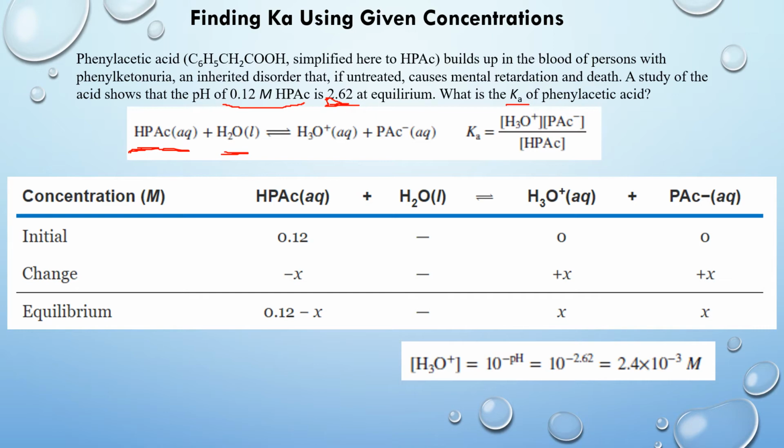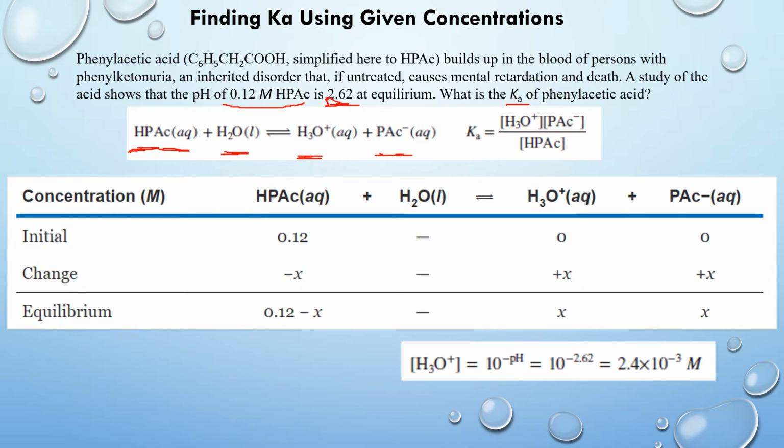The proton is the conjugate acid, and this is the conjugate base. Then we write down the expression for Ka. Ka is the dissociation constant of an acid. When this acid dissociates in water, the equilibrium constant is Ka.